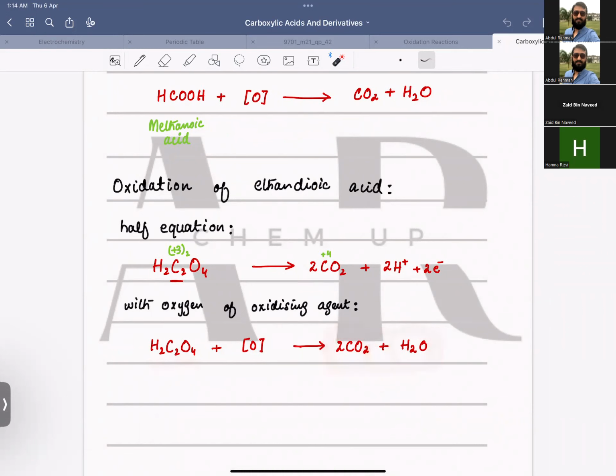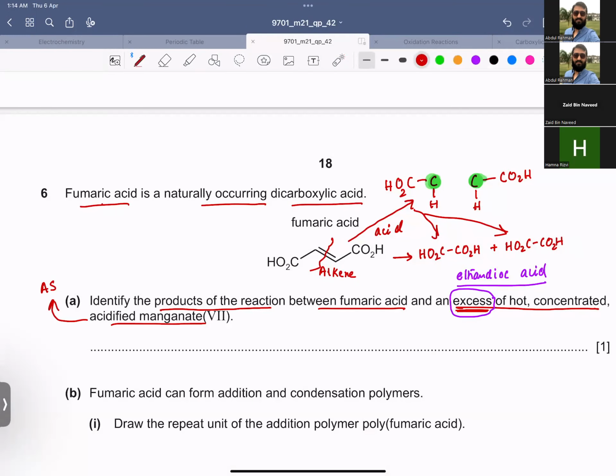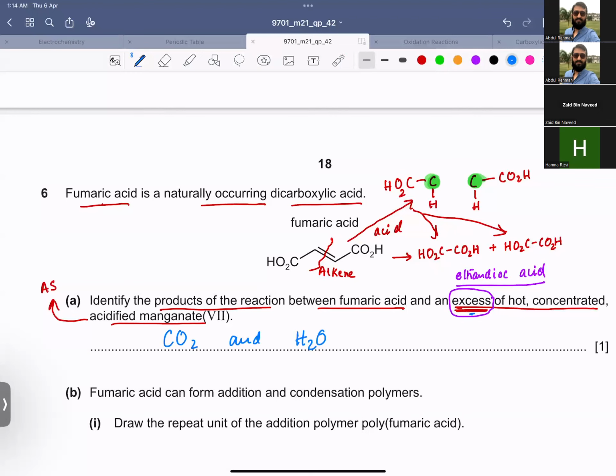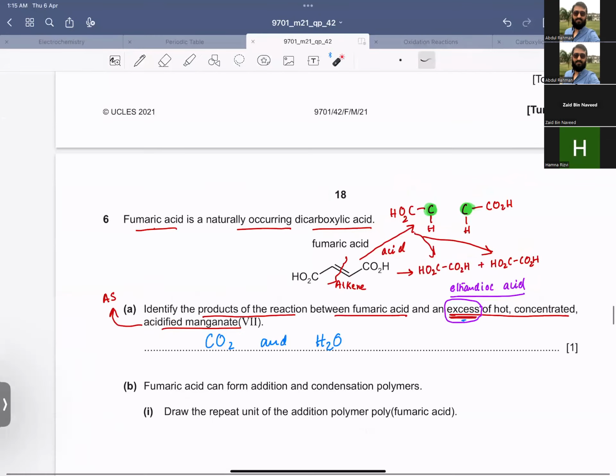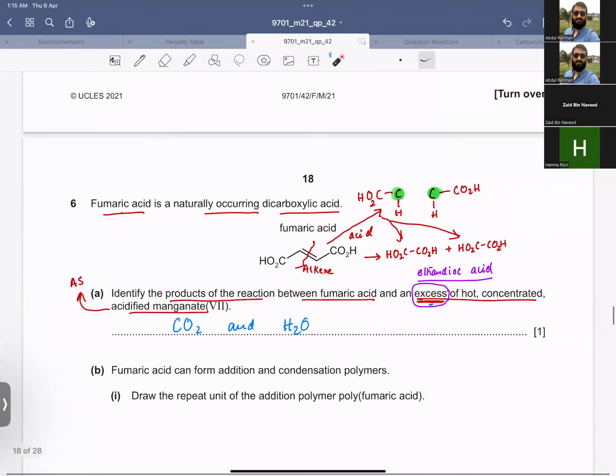Our final products are carbon dioxide and water, because an excess of the oxidizing agent, that is acidified manganate, is used. But if excess is not mentioned over here, then our answer would be this only. Is this clear? Yes, sir.